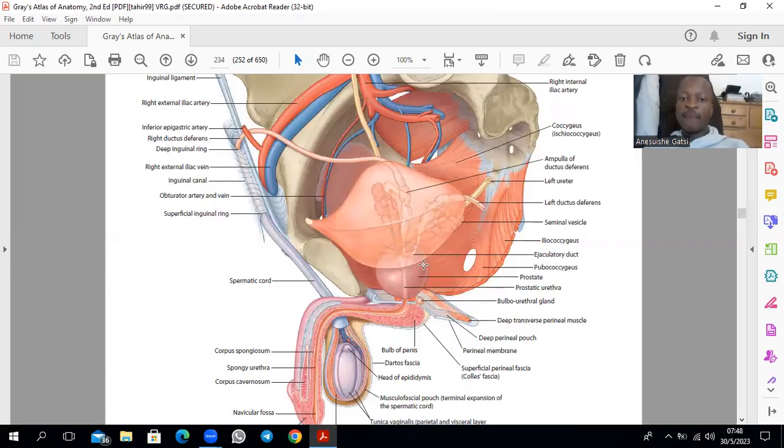Then other things about the prostate: blood supply for the prostate is midrectal and inferior vesical arteries, which is the same blood supply for the seminal vesicles.